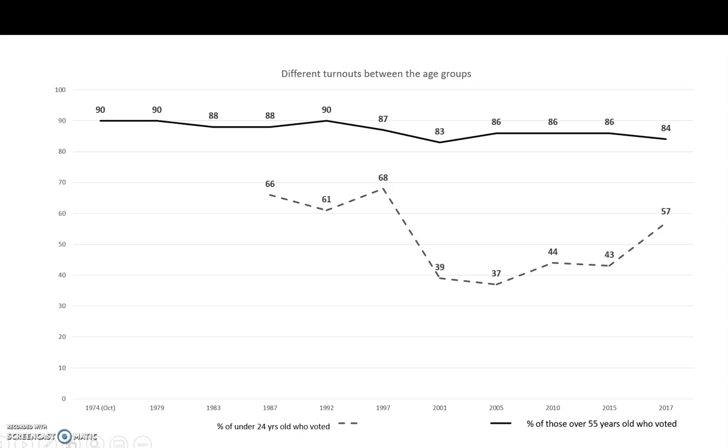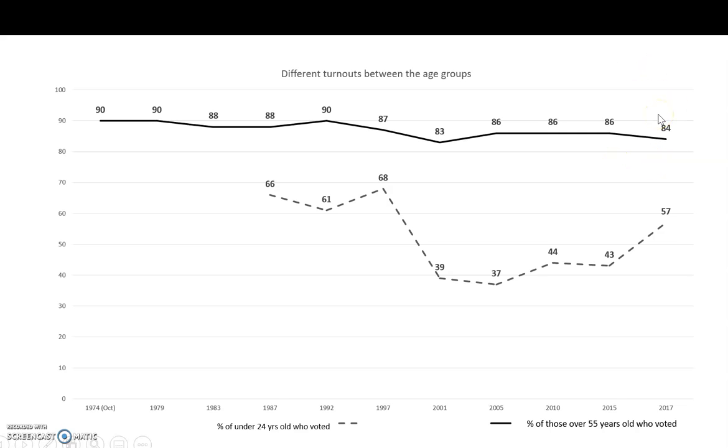Now, the problem with relying on young people can be seen in this graph here. This is the turnouts of the different age groups. This black line along the top, which starts off 90, 90, 88, 88, is the turnout amongst older voters, those aged 55 or older, and you can see that it's really high. Back in the 1970s, 90%, it's dipped to 84% in 2017.